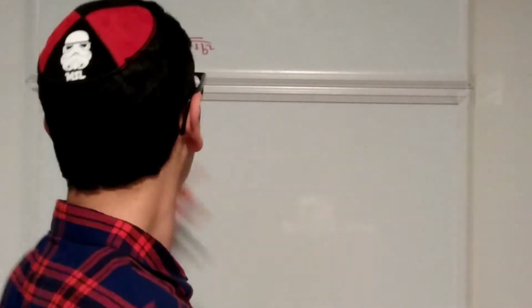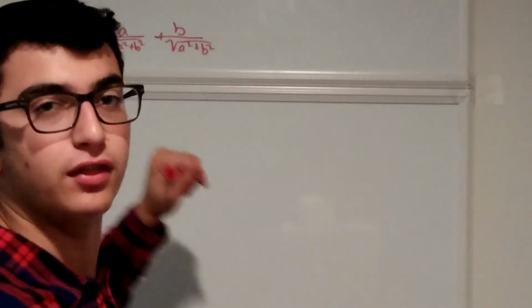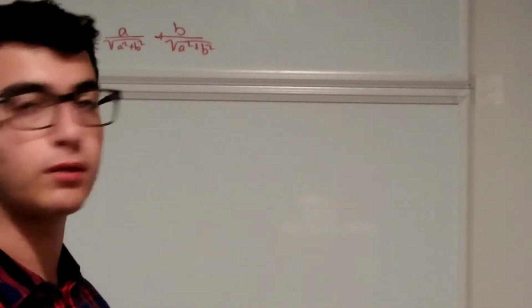Okay, so I have t is equal to a plus the square root of a squared plus b squared plus b over the square root of a squared plus b squared. Now, yes, you can combine these since they have common denominators, but I'm not going to.